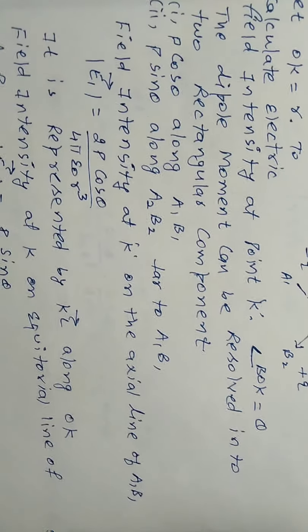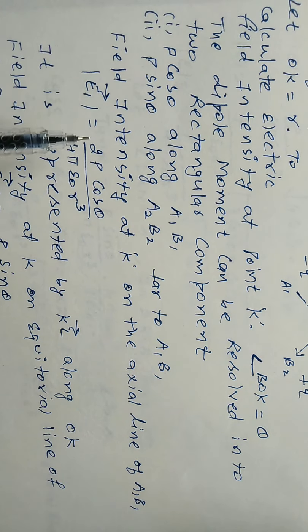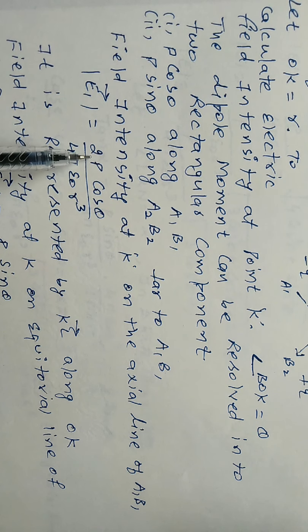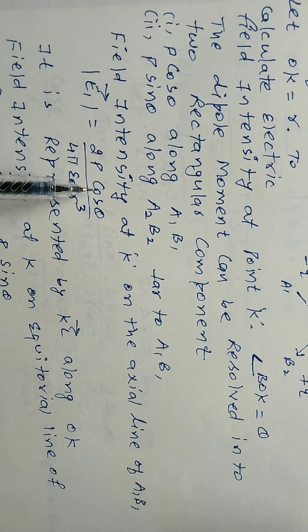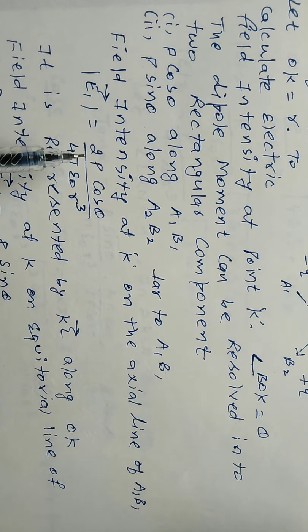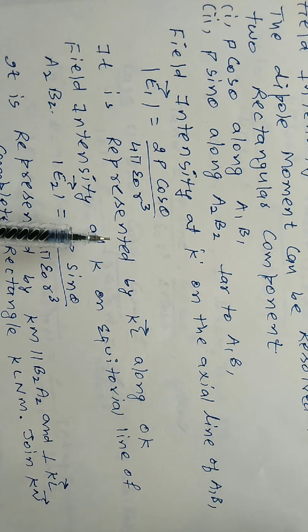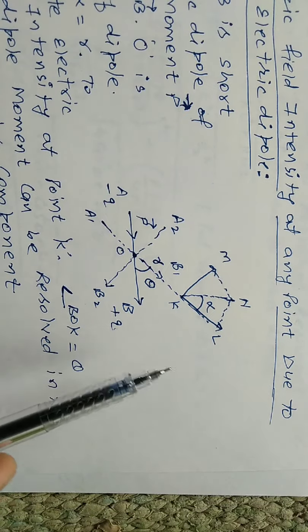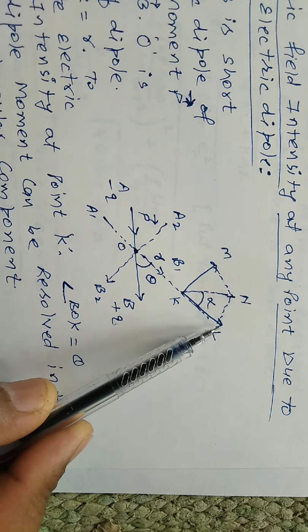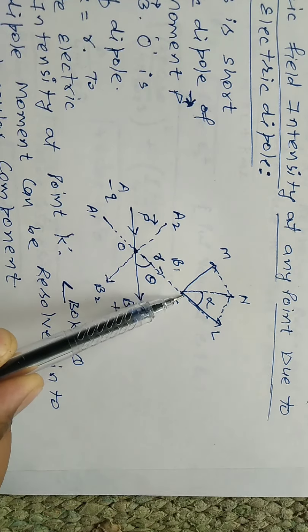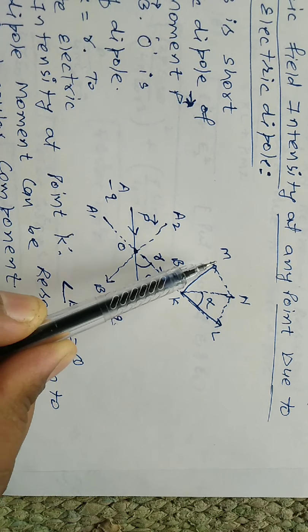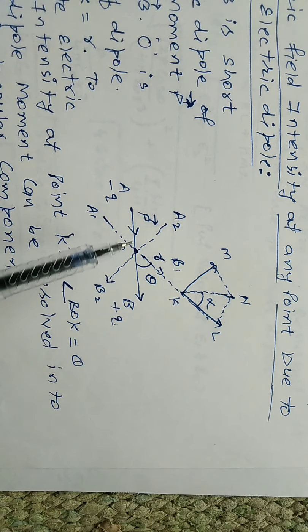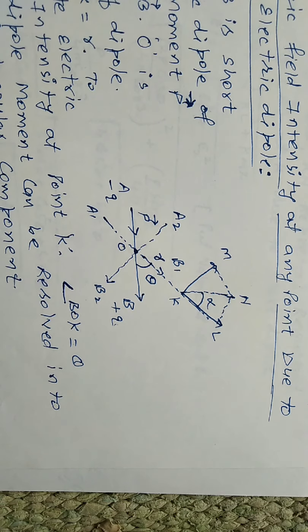This E1 equals, along the axial line, with the resolved dipole moment P cos theta, so it is 2P cos theta upon 4 pi epsilon 0 r cube. It is represented by KL in the diagram. Here KL is along the axial line, and KM is along the equatorial line, and this KM is parallel to A2 B2.